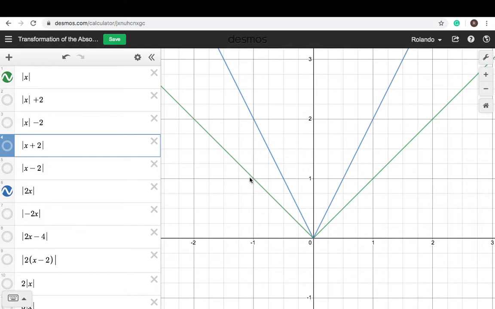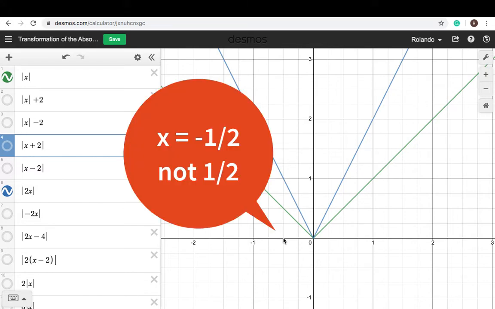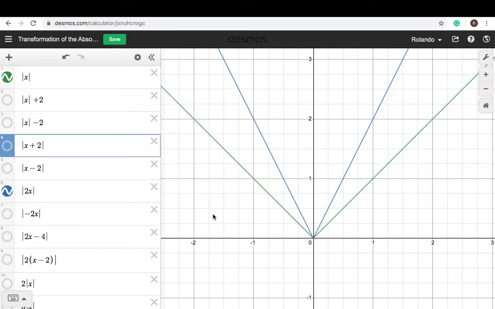In other words, we have the same y value, only that we are compressing the x value from negative 1, we move it to 1/2. So think of that as compressing the graph to the center horizontally.